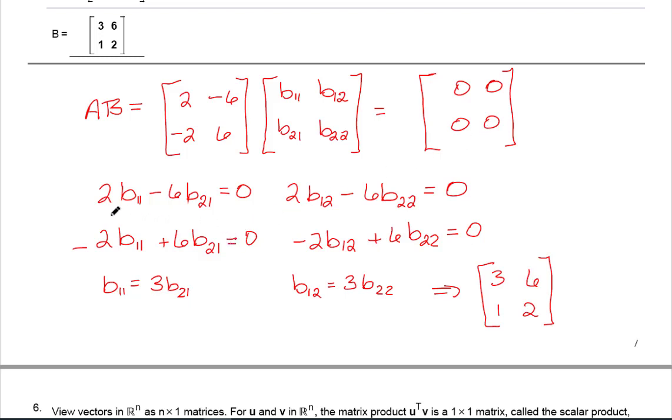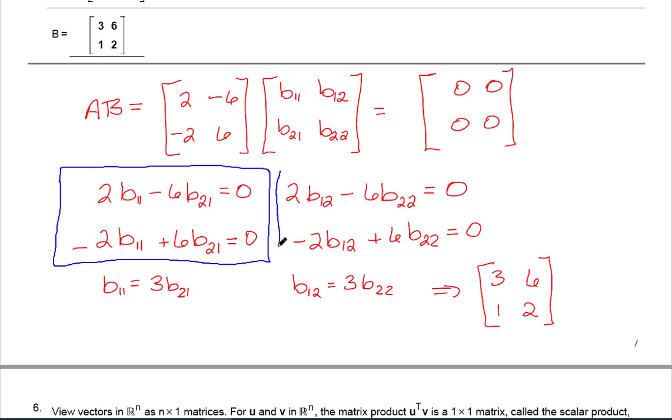So let's see, what does that mean? Well, if I group these two together and I look at my operations, all right, so here we've got this, and in this case I've got this.